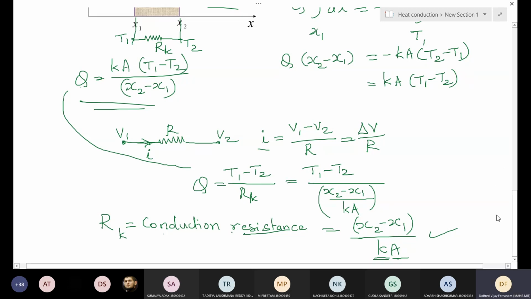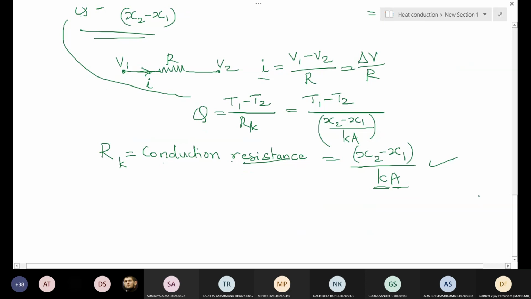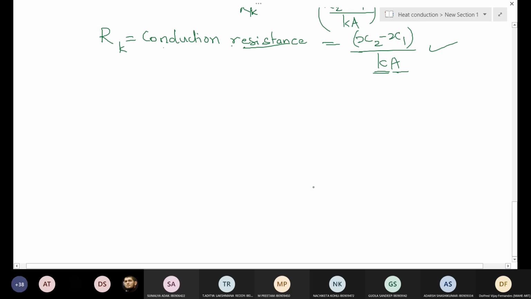Now, the second part is to obtain the temperature profile. To obtain the temperature profile, we use the governing equation.